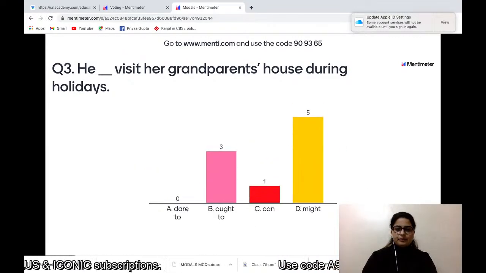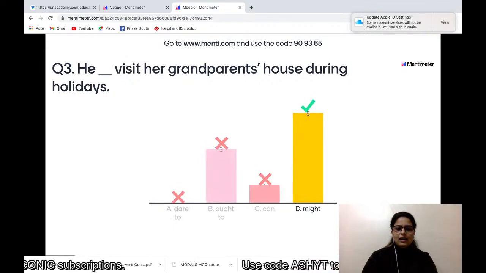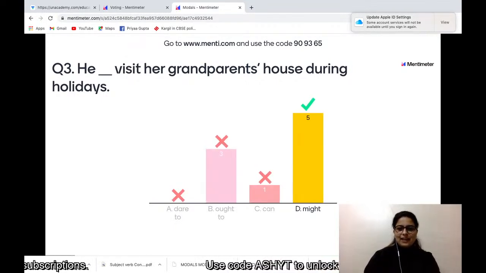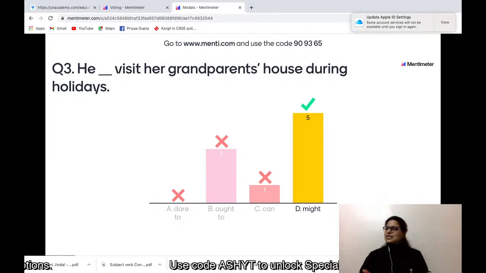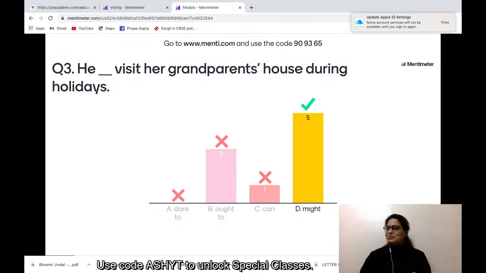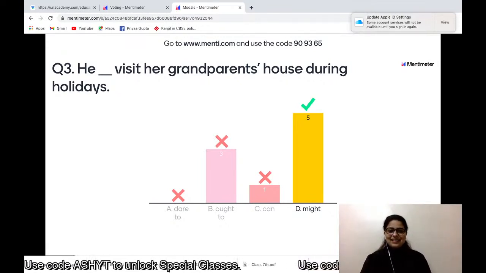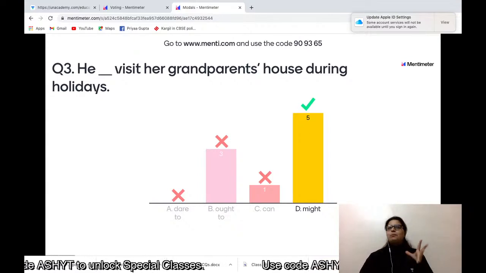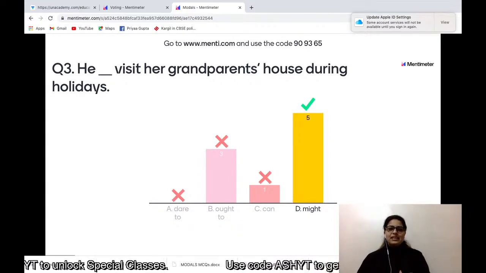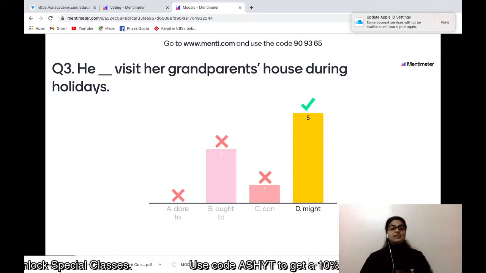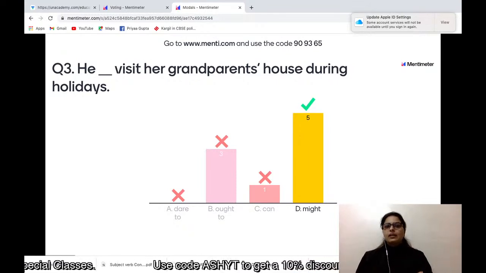Time's up. Some people answered ought to and can as well. The right answer is might. I just explained the usage of might, and I said might can also be used in past. Might can be used when the possibility of something is very less. Okay? When the possibility is very high, we can use will, right?